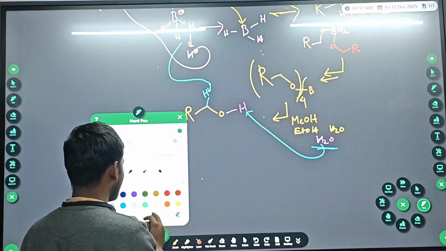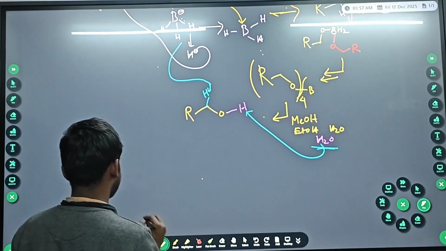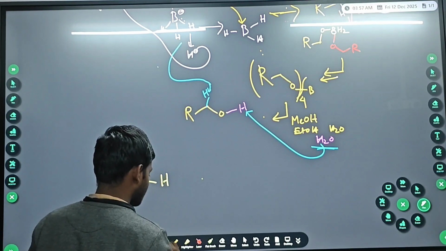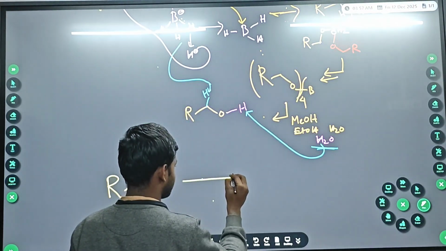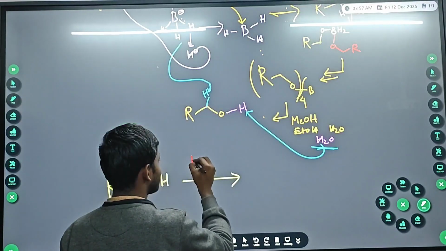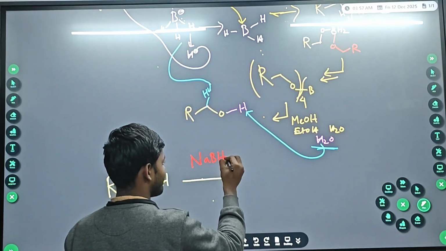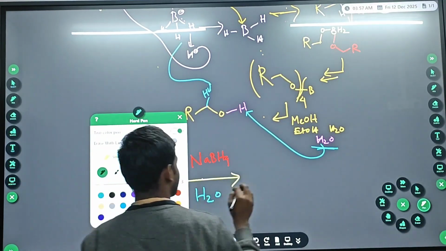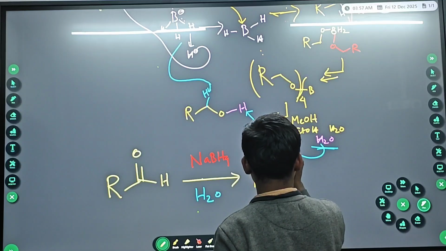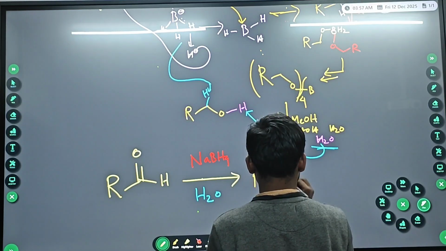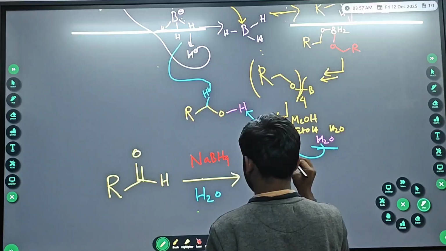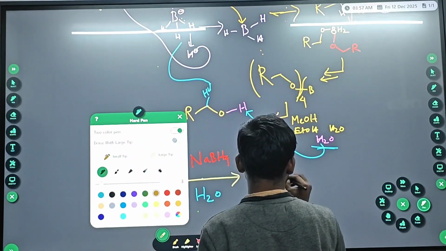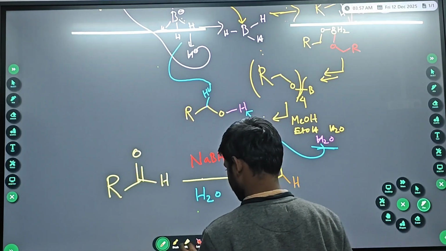If I summarize the product of all of this, what will be the result? Let's say RO H gives, with a different color, sodium borohydride, and a different color for H2O. First we use sodium borohydride, for the red color, sorry, this is the green color.